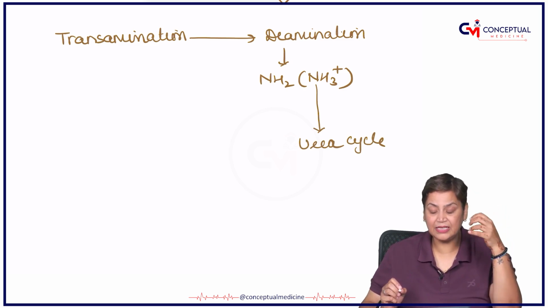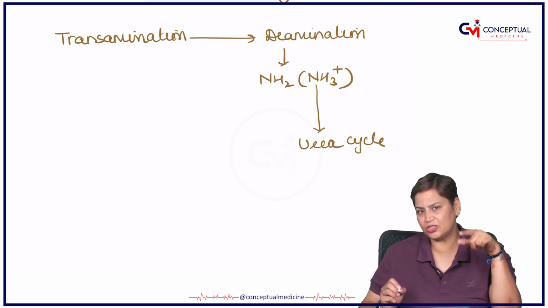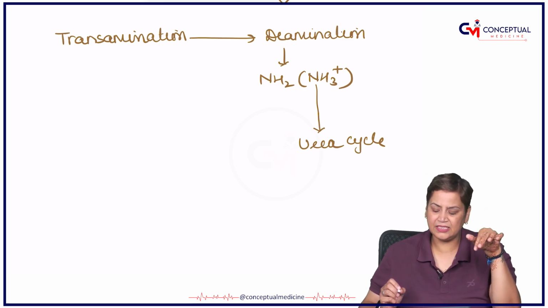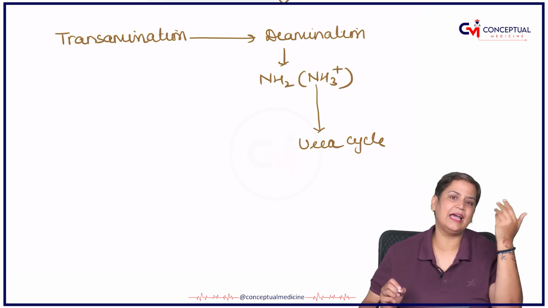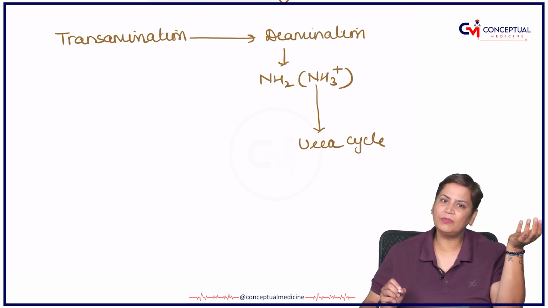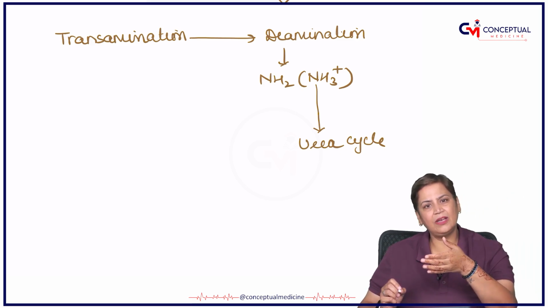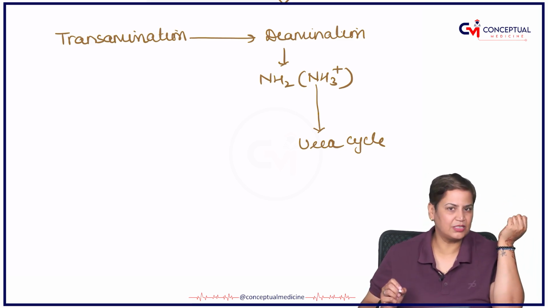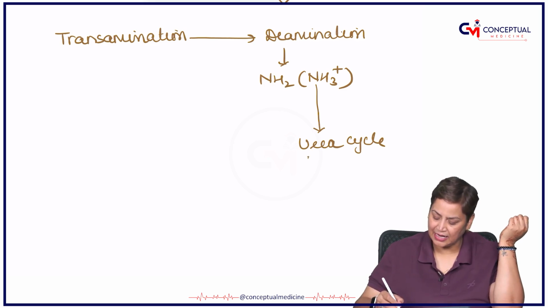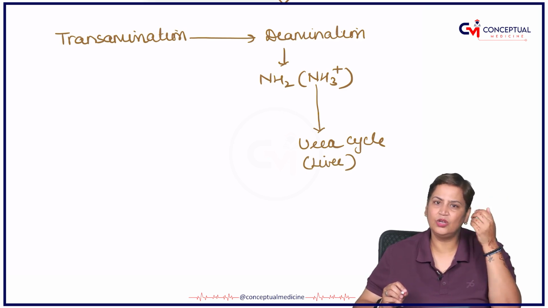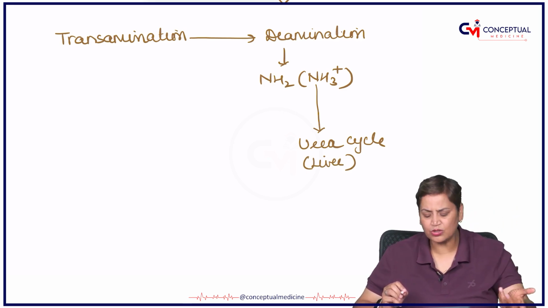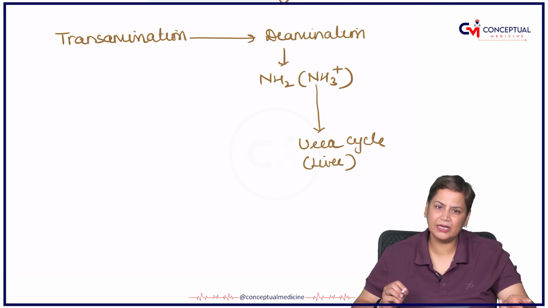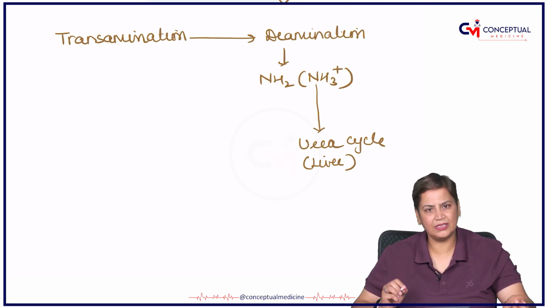Now the question is, one, why this ammonia is toxic, and second, how this ammonia has to be transported from the brain to the liver or from the muscles to the liver, because the urea cycle can occur only in the liver, neither in the brain nor in the kidneys, because of the absence of the important enzymes required by the urea cycle.